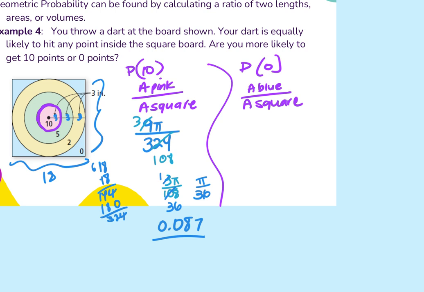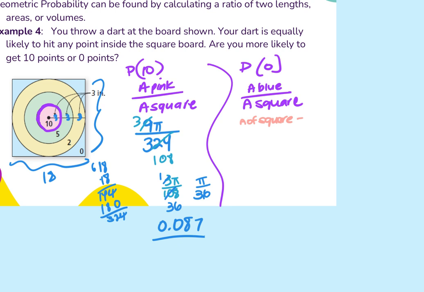Now I go to the area of the blue section. How do I find the area of the blue section? Good, so I'm going to do the total area of the square, minus what? What do I have to take away?